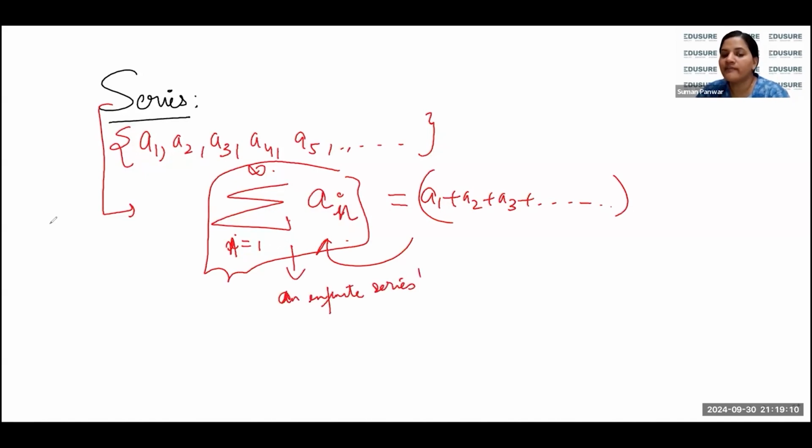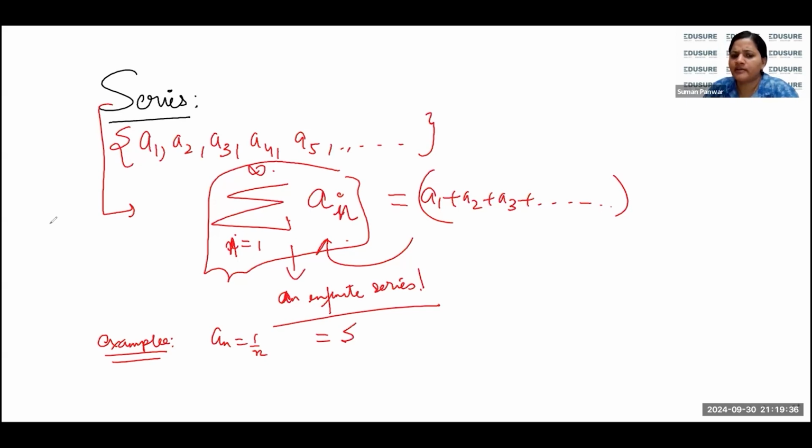Okay. So you have a sequence. What did you do? You are adding all the terms of that sequence till infinity. So that infinite sum which you obtain is called an infinite series. For example, what we just did: you took this sequence an equals 1 upon n.